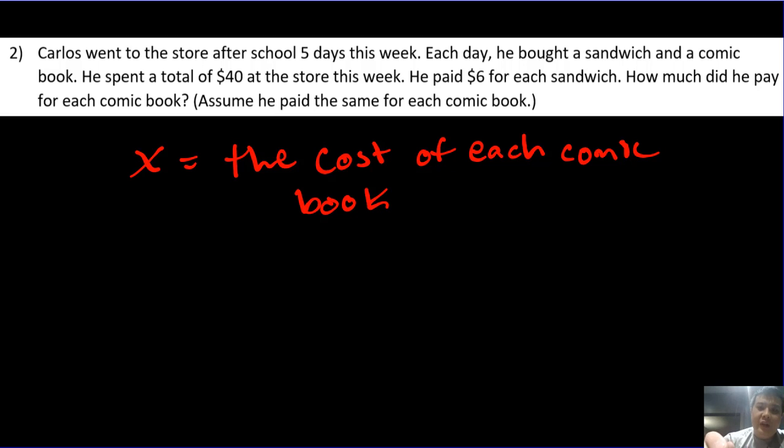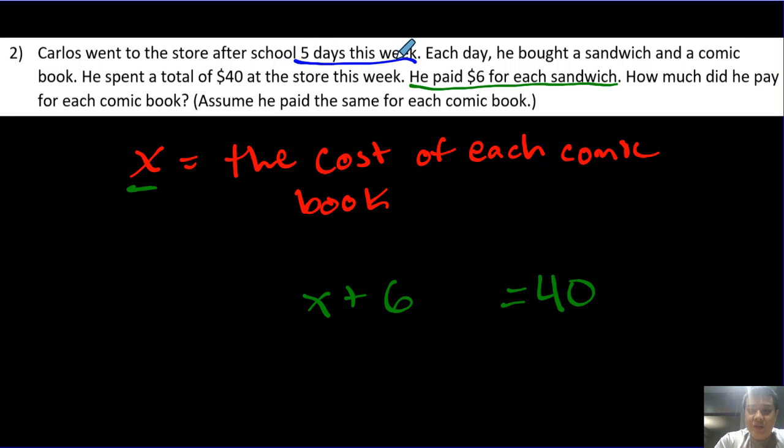And we know that he spent a total of $40 at the store that week. And he bought two things each day. First he bought the sandwich for $6, and he bought a comic book, which cost, we don't know, but we're going to represent that with X. So each day he spent X plus $6.